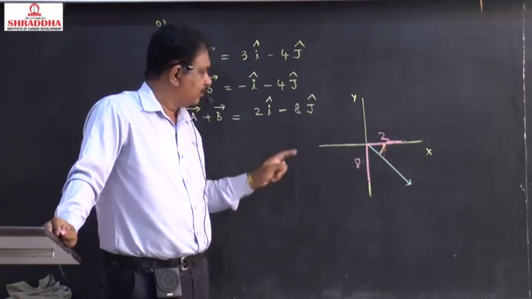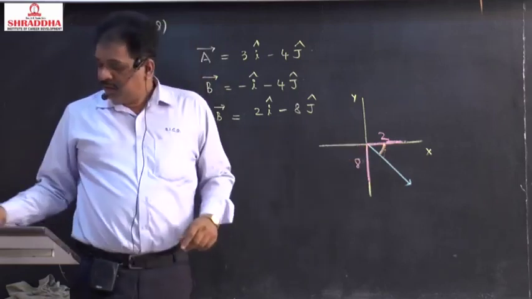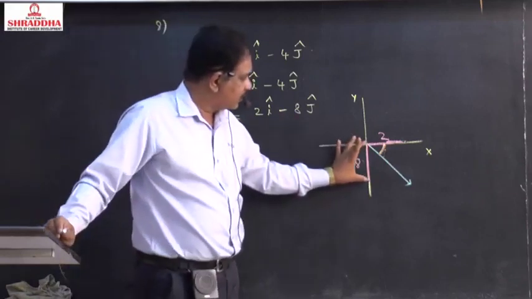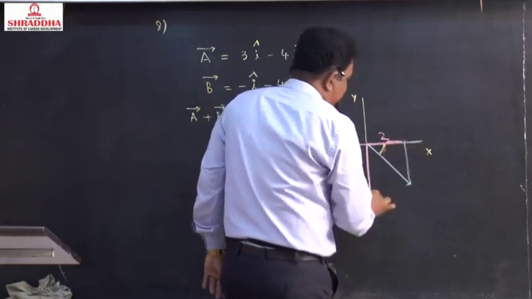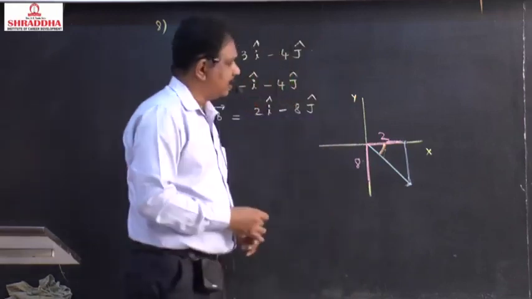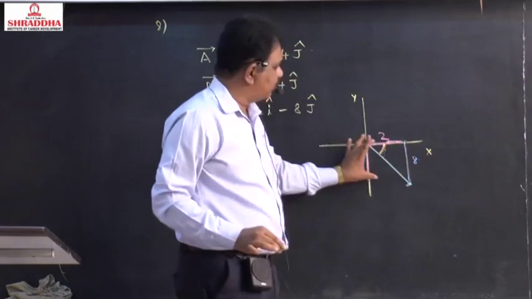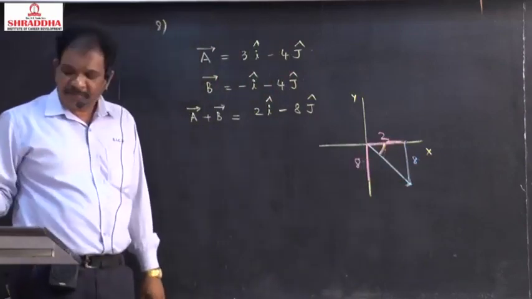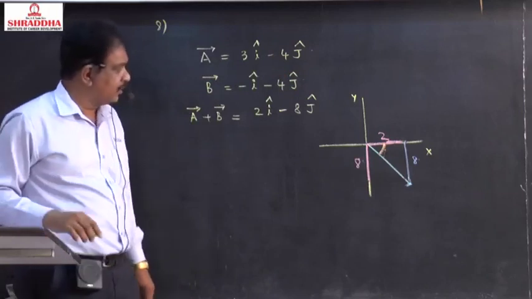Remember, okay? Then, to find this angle, we will draw a parallel line. This line will also have the same magnitude. If a vector is moved parallelly, there will be no change in its magnitude. So one triangle is formed there.